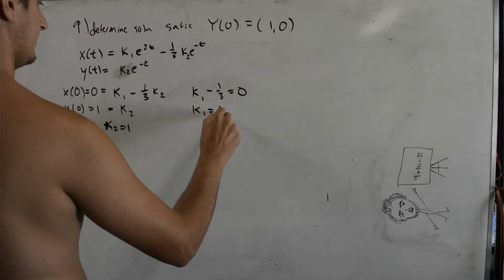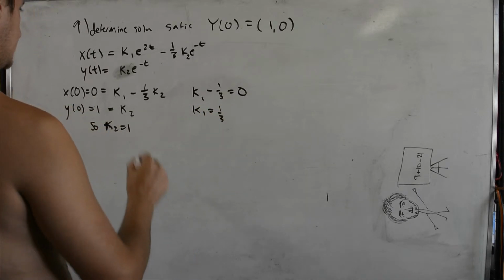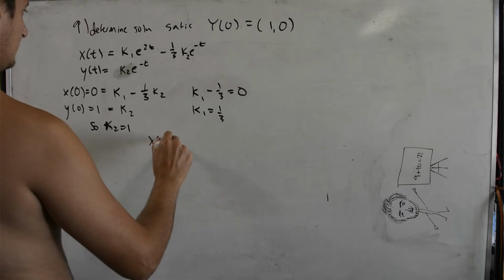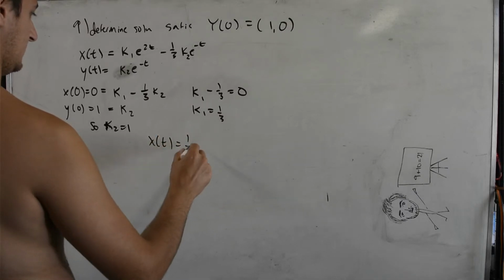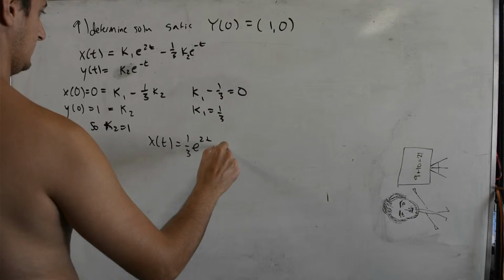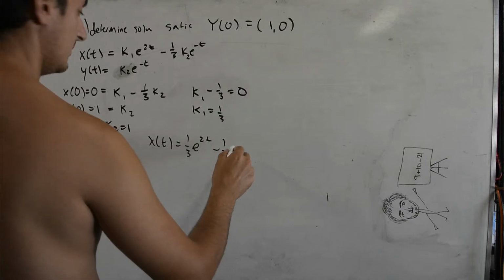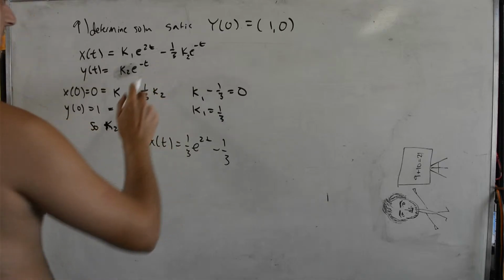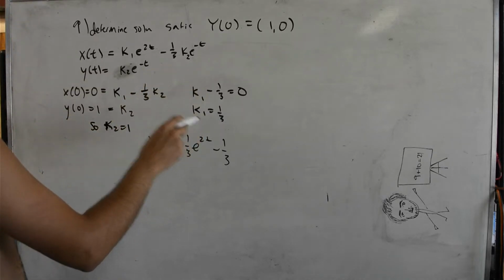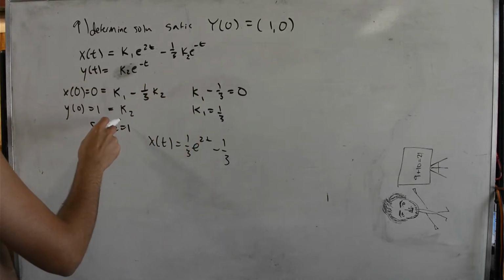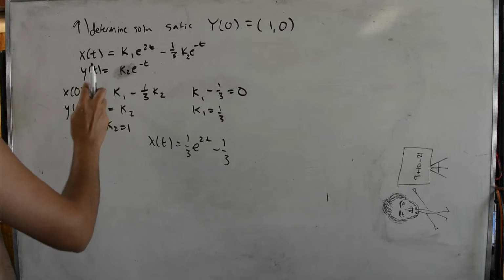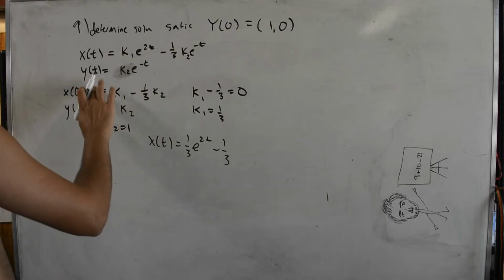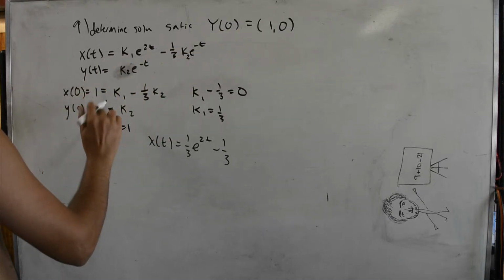K1 equals 1/3? So then our solution is, wait, oh wait, I got this wrong. This is 1, 0.